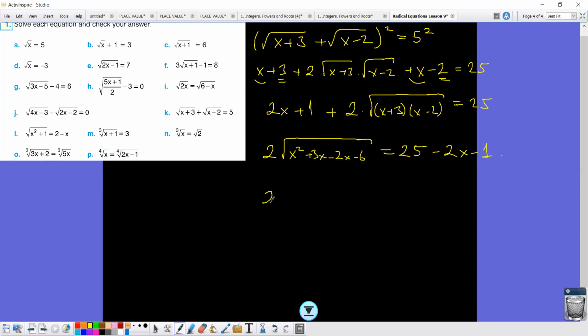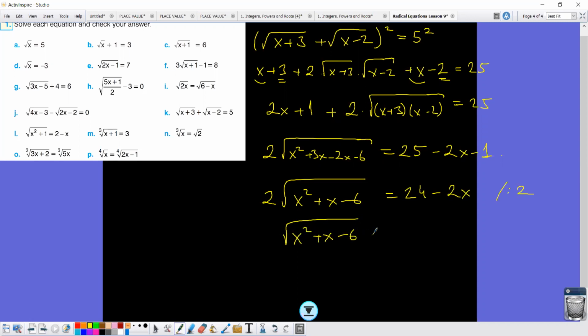And then this one is 2 times root of x squared plus x minus 6, and in this part, we have 24 minus 2x. Can I simplify by 2 all the sides? Yes. I will get root of x squared plus x minus 6 is equal to 12 minus x.